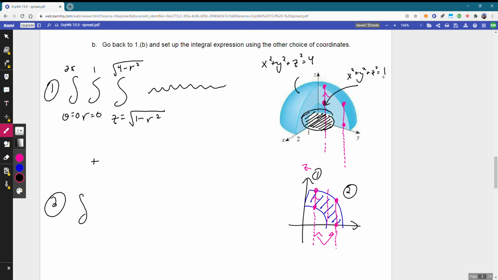All right, for our second piece, here we're moving z from 0 up to our outside sphere. And what's the shadow going to be there for that integral? Well, now it's this ring around our unit disk, right, up to radius 2. And so maybe let me draw that again.